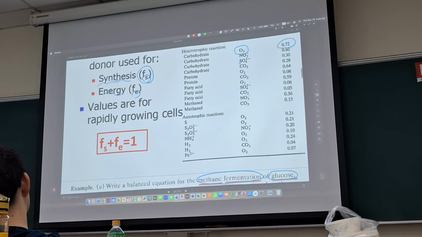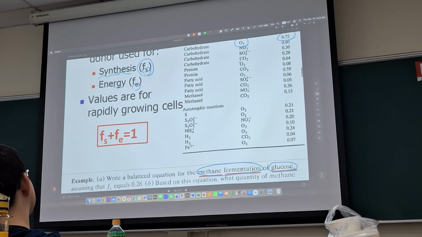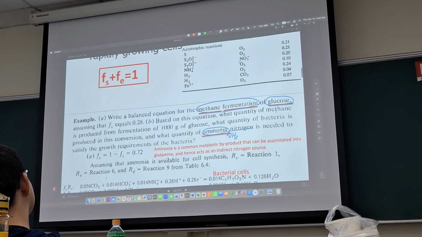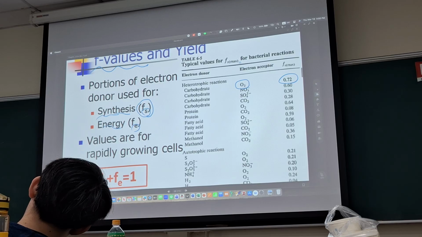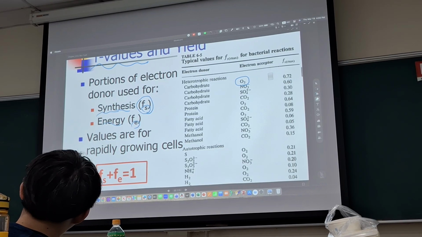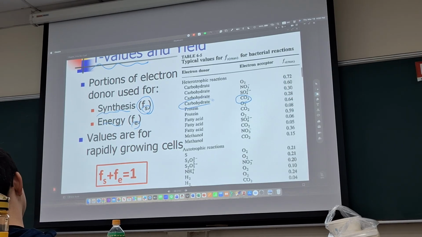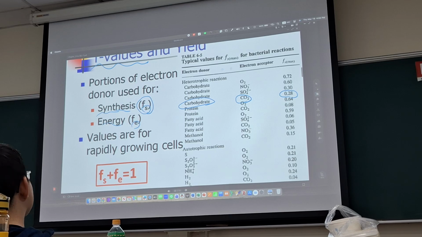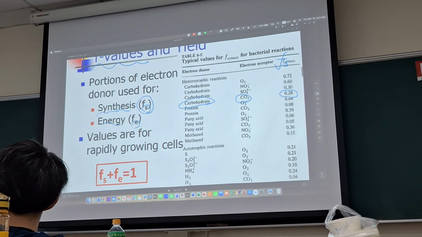Sorry, it's this one, not this one. Carbon dioxide. So this is Fs, and Fs is 0.28.